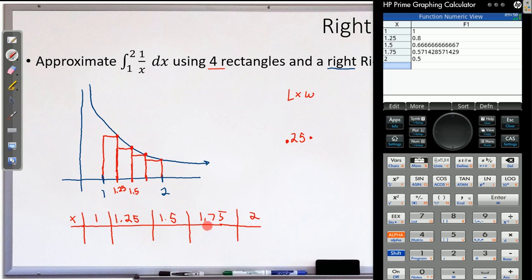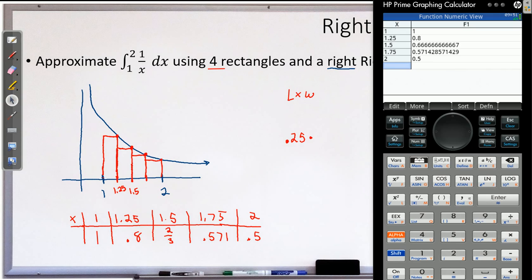And then my y values: 1, 0.8, 0.667, which is 2/3, 0.571, I don't think that's a nice fraction, and then 0.5.